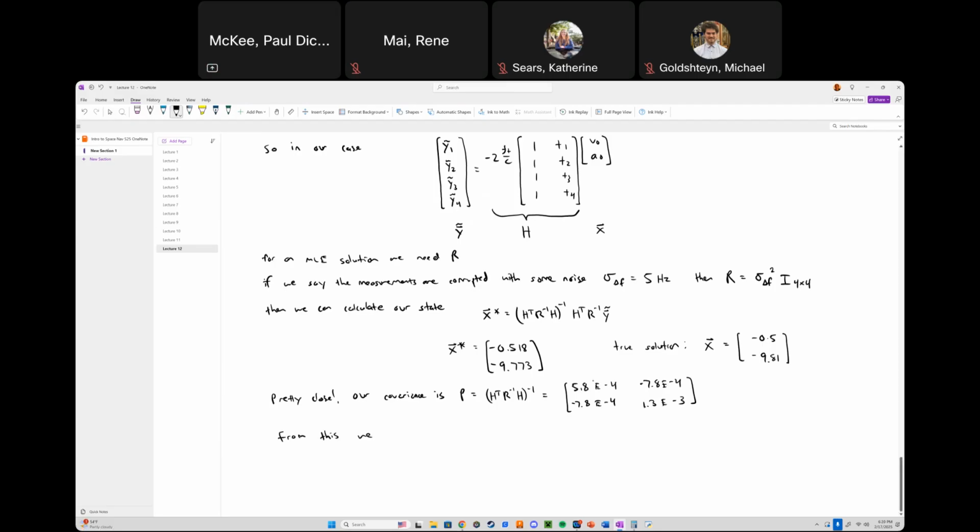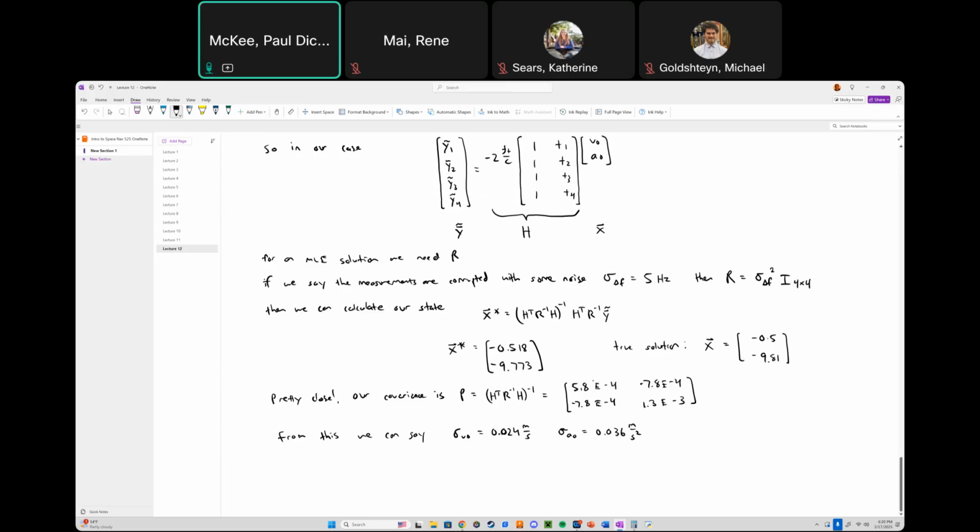So from this, we can say that the uncertainty corresponding to our initial velocity is the square root of that first term. It is 0.024 meters per second. And similarly, our initial acceleration uncertainty is 0.036 meters per second squared. Okay, so let's think about it.